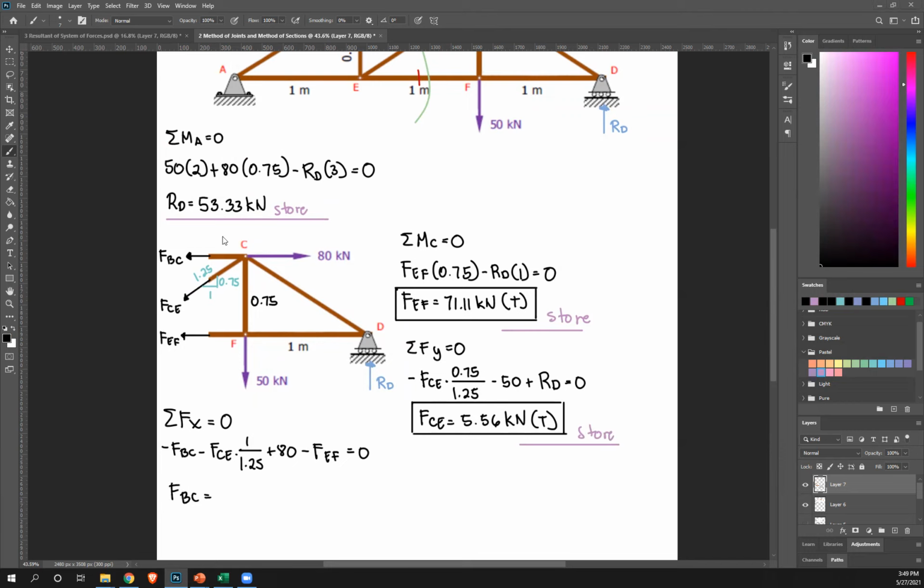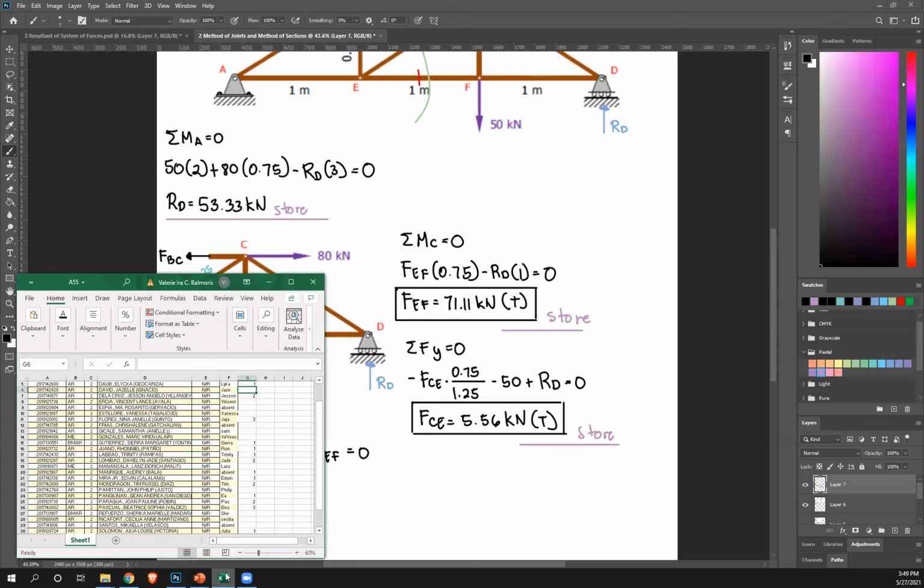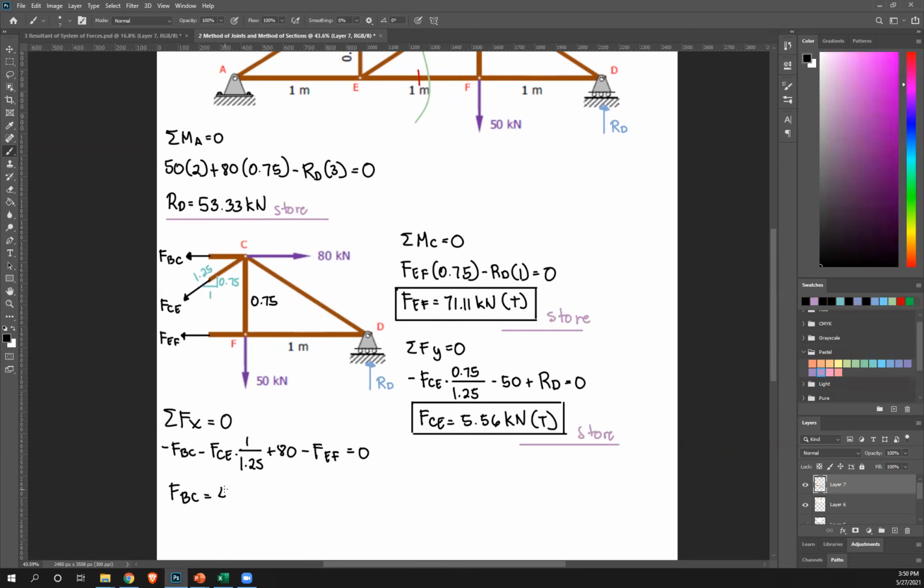Yeah, it's 4.44, correct, if you stored the value. We got it first, Trinity and Edwin. So it is 4.44 kilonewtons, positive, therefore correct assumption, tension.